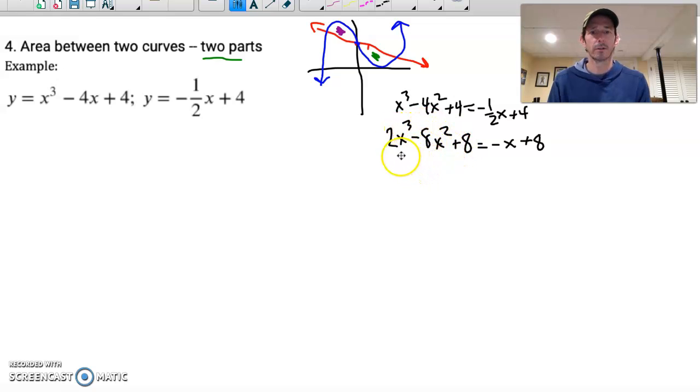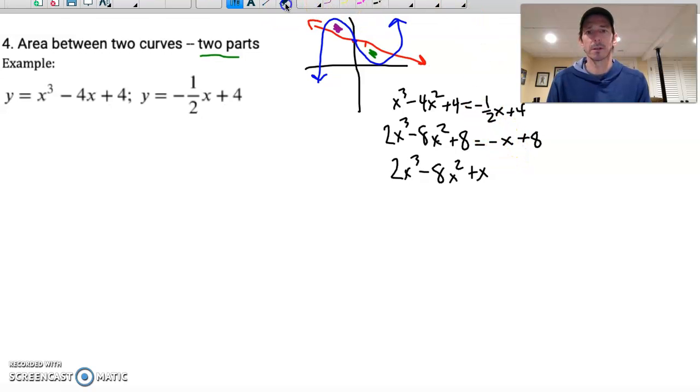Now I'm going to move everything over. So I'm going to add the x over here, and I'm going to subtract the 8. So I'm going to have 2x cubed minus 8x squared plus x. And when I subtract the 8, I end up with, oh, well, why didn't somebody tell me this very small mistake that I made?